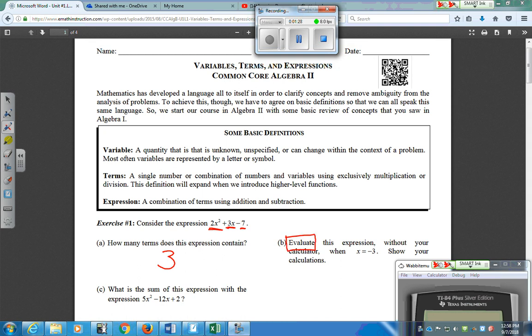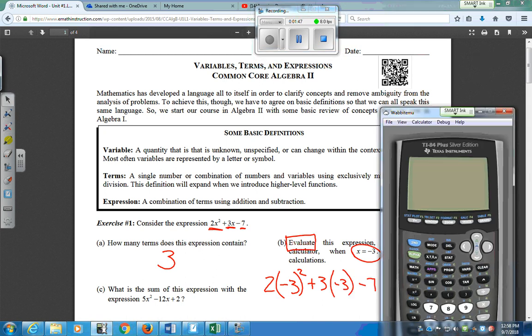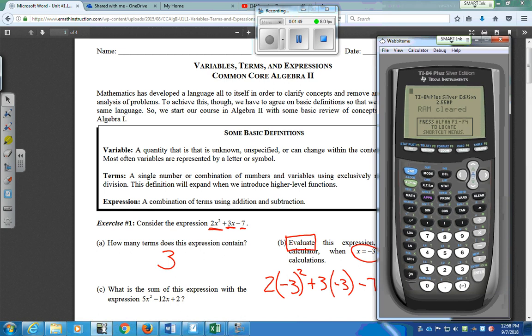We're actually going to use the calculator for this because we're using the calculators all year. So x is -3, so that's going to involve some substitution. So I'm just plugging in the -3s where I see each x. And then I'm going to take my calculator, turn it on, and type that into the calculator.